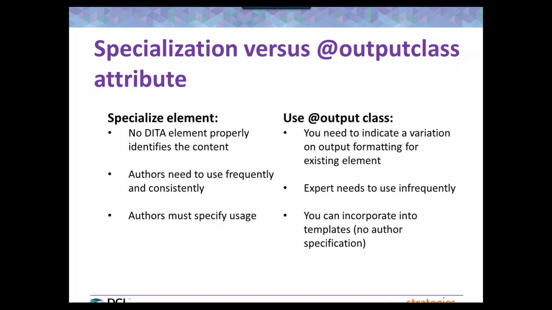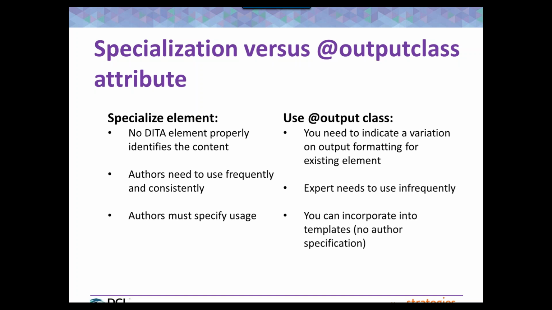So folks ask, well, when do I need to specialize, or when can I just use output class? I tell folks to think about these considerations. The first is, if there is no DITA element that properly identifies the content that you need to identify, then it's a good candidate for specialization.